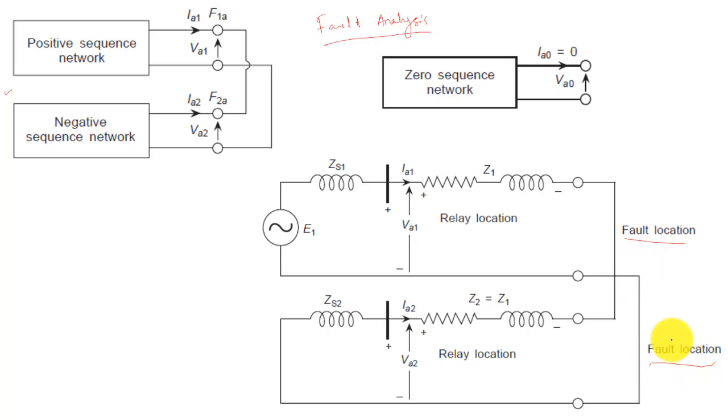So both networks, positive and negative sequence networks, are connected together.